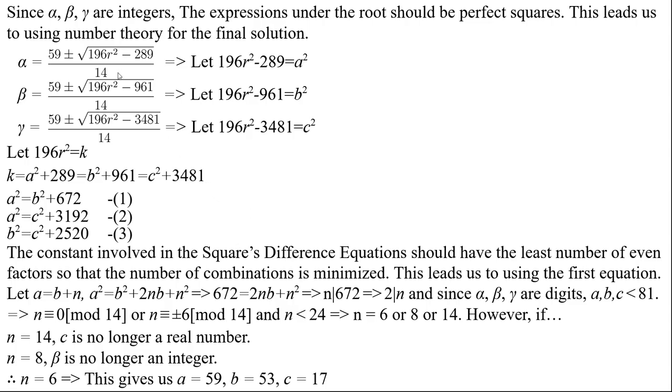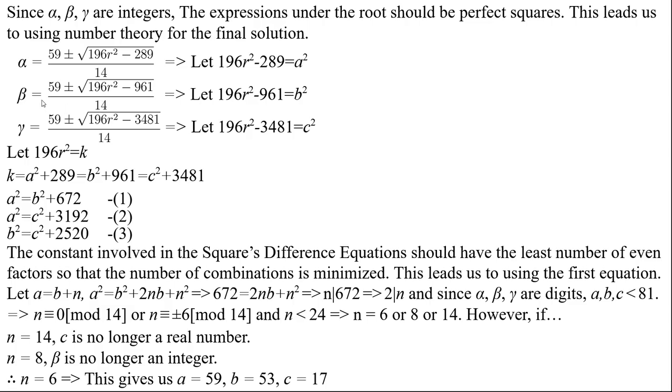Eventually, if you substitute all of these here, if A is 59, you can't add them because they won't be divisible by 14. So you have to subtract 59 instead. So you get alpha is 0. If you put B is 53, we can't subtract it. 6 by 14 is not an integer. So you add it. 59 plus 53 is 112.